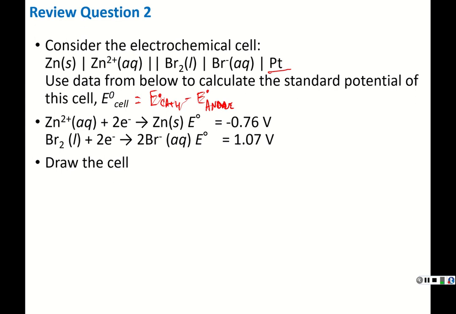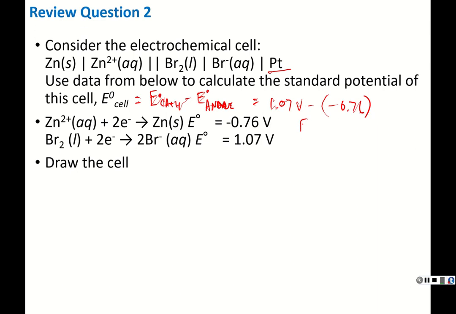Okay, and so in this case, what's the cathode? The cathode is going to be the one that's higher value for reduction potential, so that would be bromine. So that's the cathode minus the anode, which is zinc, minus 0.76, right?